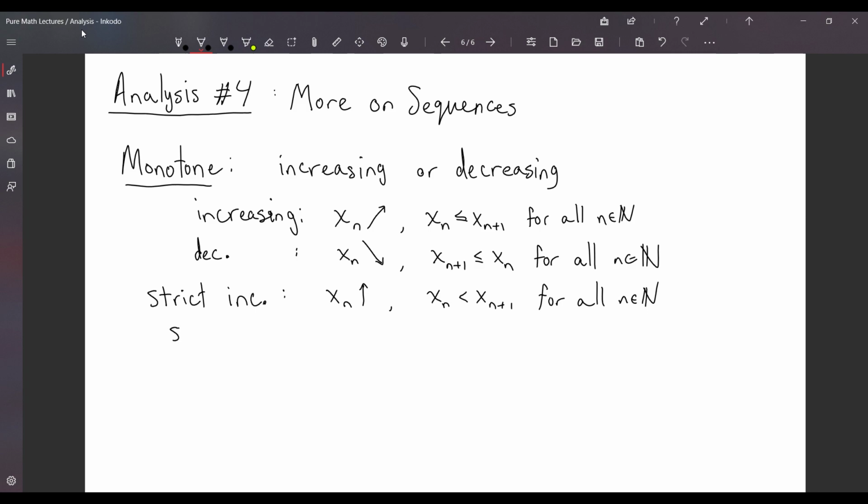And of course, there is strict decreasing, which is denoted with a down arrow, where x sub n plus 1 is less than x sub n for all n.